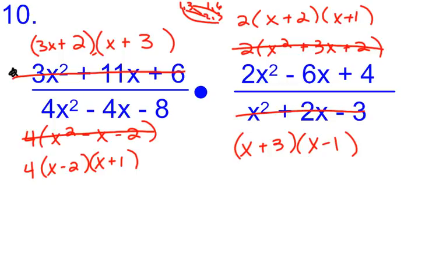So now in our last step, since we have everything fully factored, we're going to see what we can cross cancel. So I'm looking at, what can I cross cancel? I have an x plus 3 and an x plus 3. I have an x plus 1 and an x plus 1. What else?